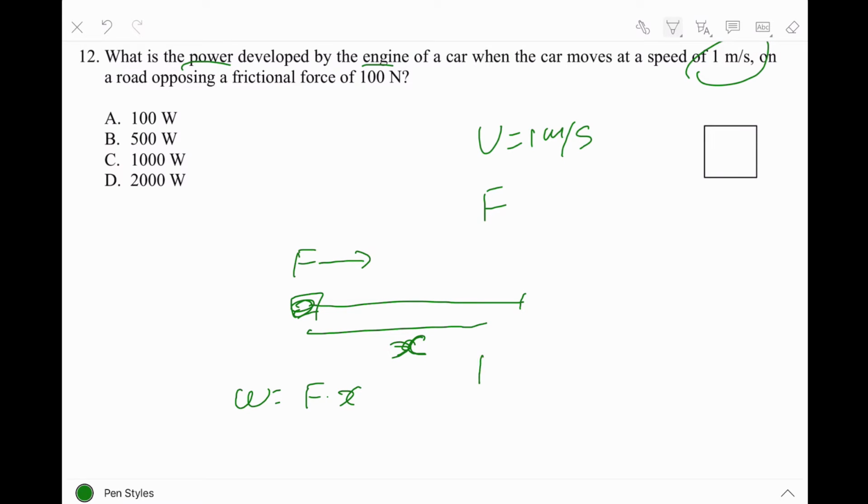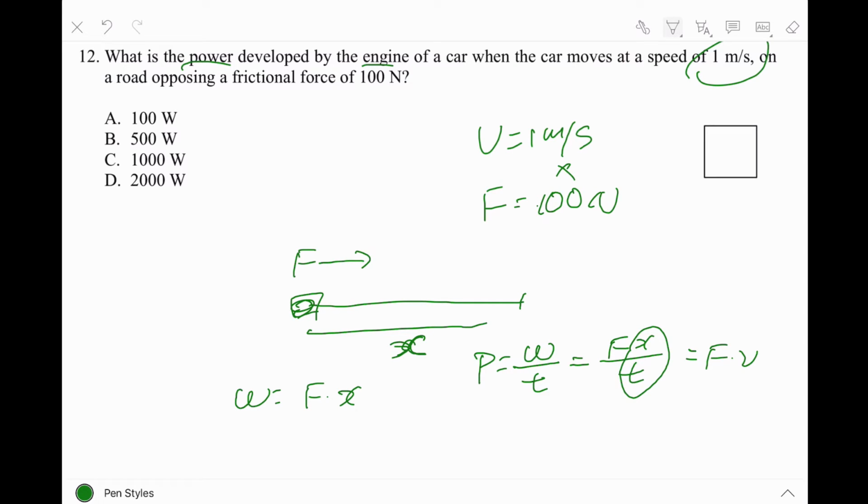The power is work done per time. So it means Fx over t. If you collect these two, this is F velocity. Can you see it? So all you need is the F, 100 newtons, multiply this one. This is your power. So that's why the answer is A.